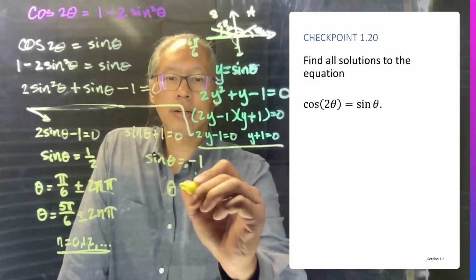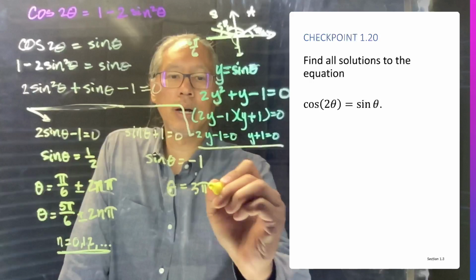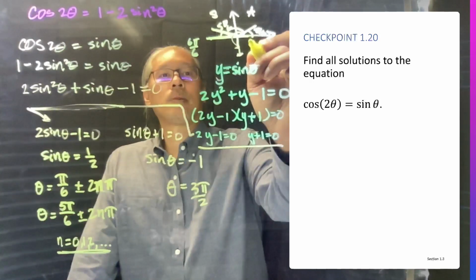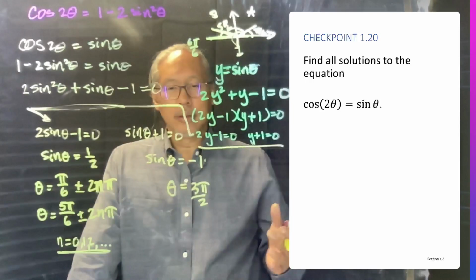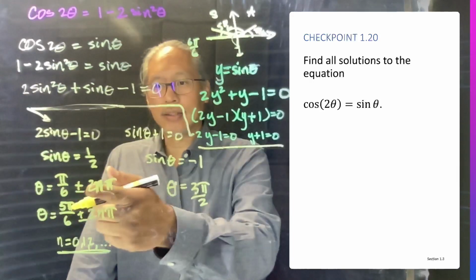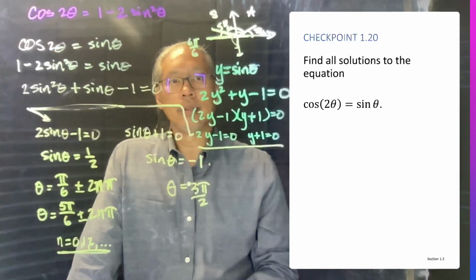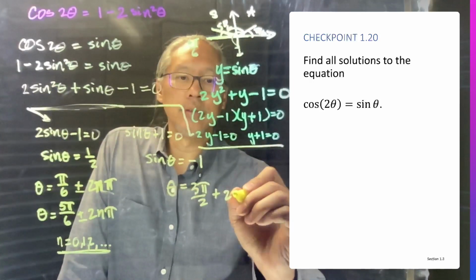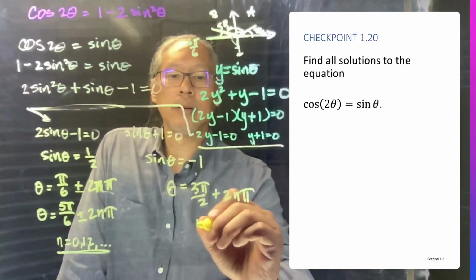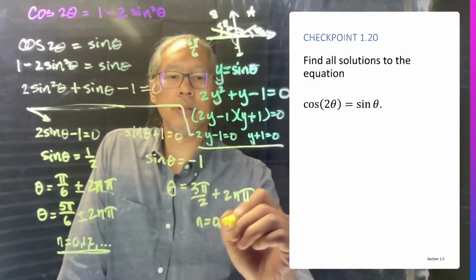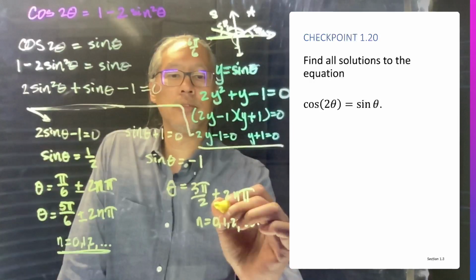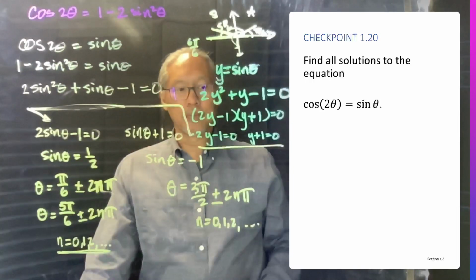So our theta can equal 3 pi over 2. Or you can go backwards here and say -pi over 2, but in any case, if we add this 2n pi to it, then it'll cover all that stuff as well. So I'll just say 2n pi, or again, n is equal to 0, 1, 2, and also negative, so we'll put a negative here as well.